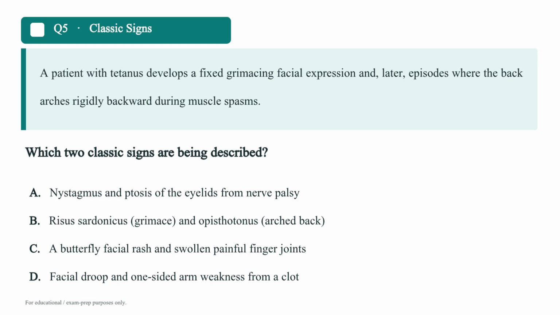Option B, risus sardonicus, a grimace, and opisthotonus, an arched back. Option C, a butterfly facial rash and swollen, painful finger joints. Option D, facial droop and one-sided arm weakness from a clot. Pause here and choose your answer.